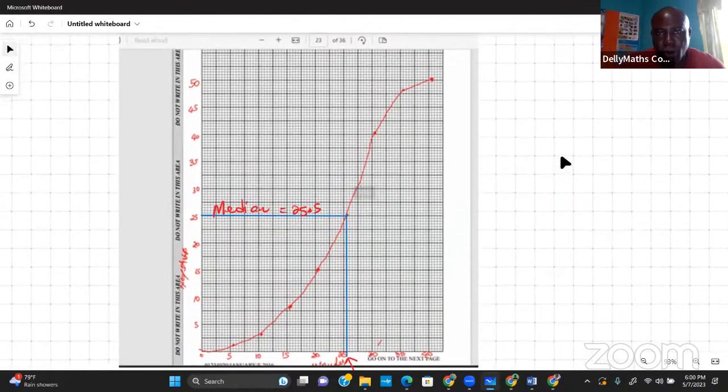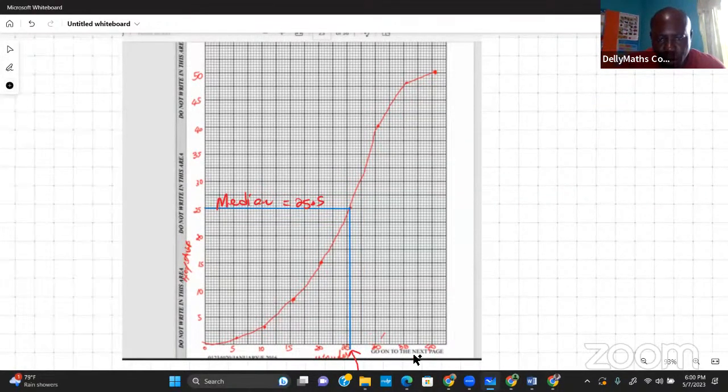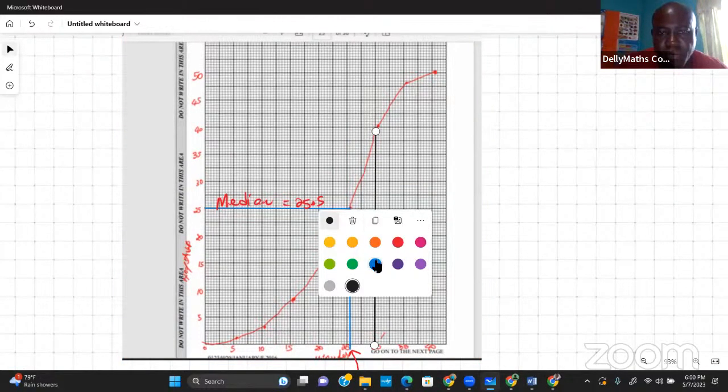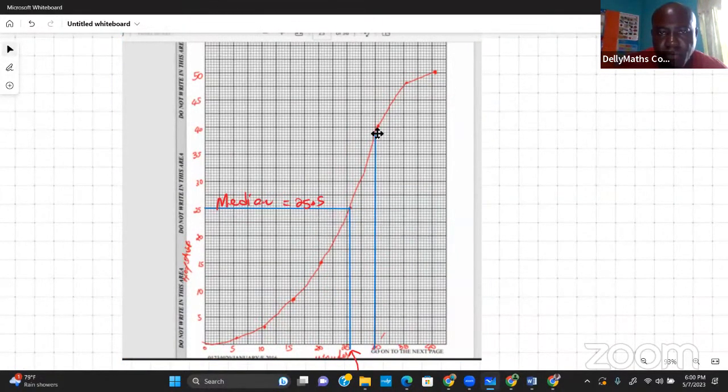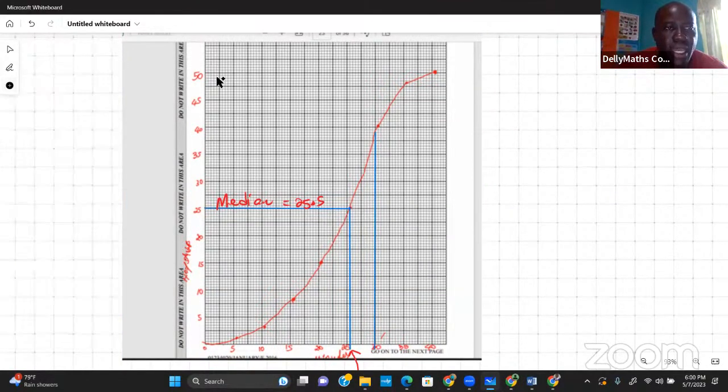So we'll go where 30 is. Carry the line up. The moment it touches the curve, I'm going to stop right there, and then take that to the next axis.